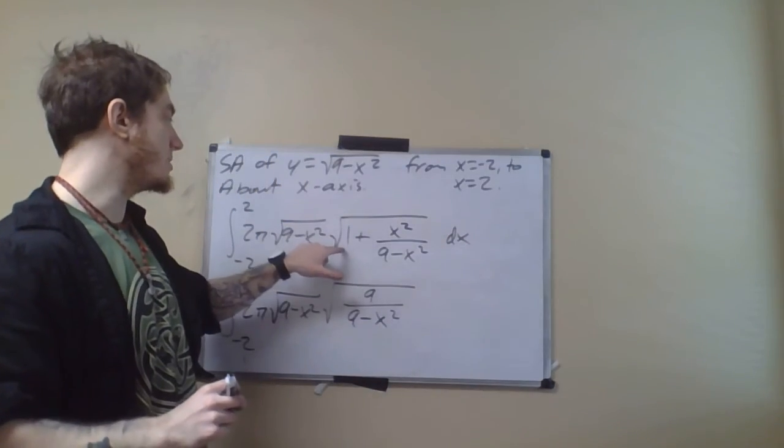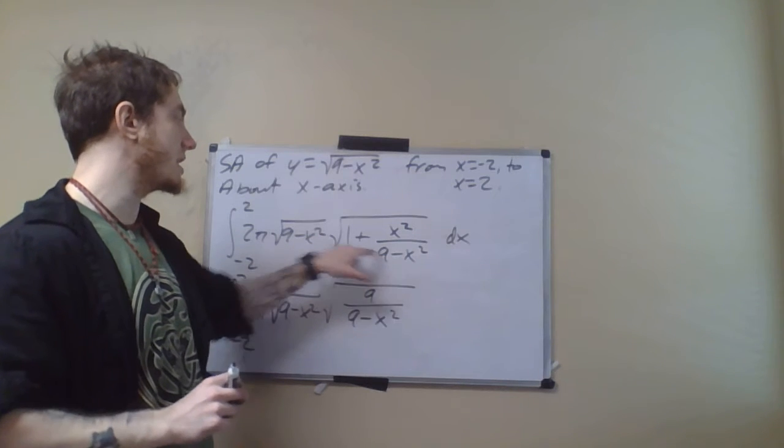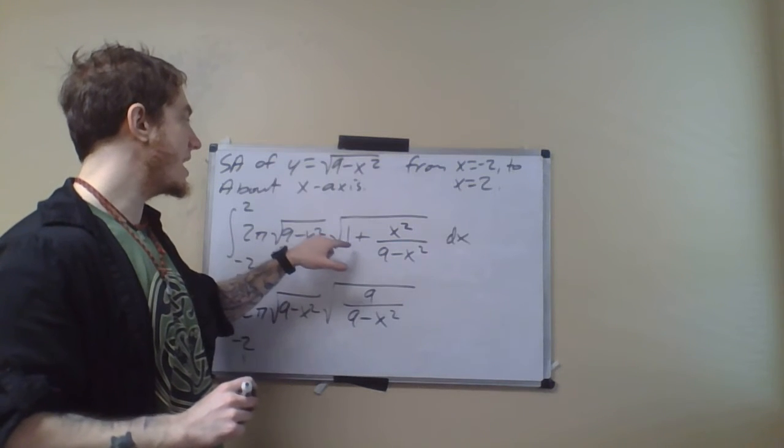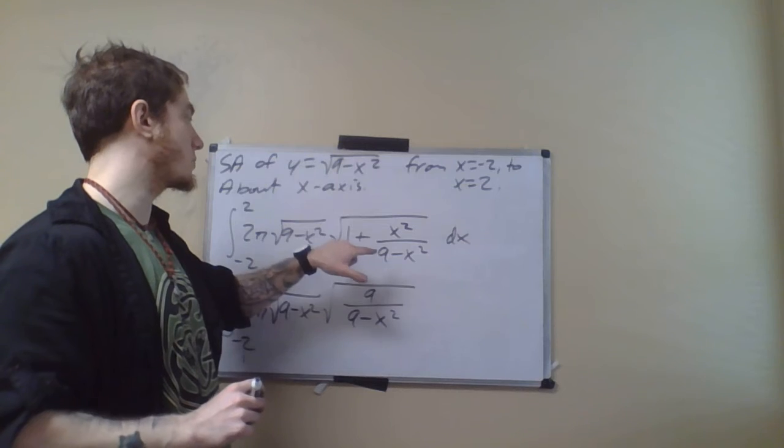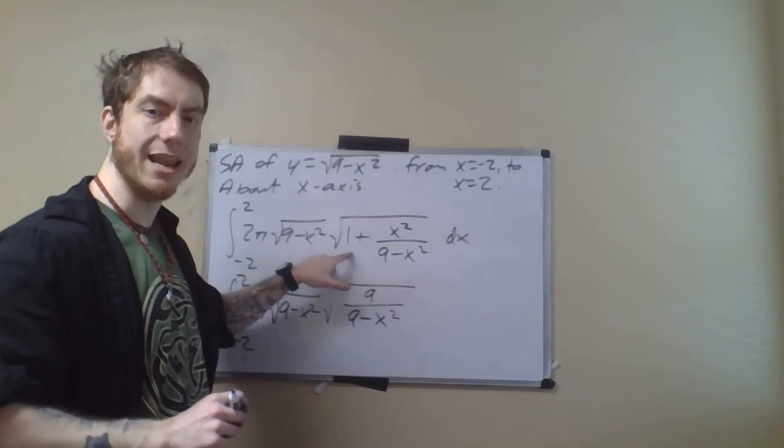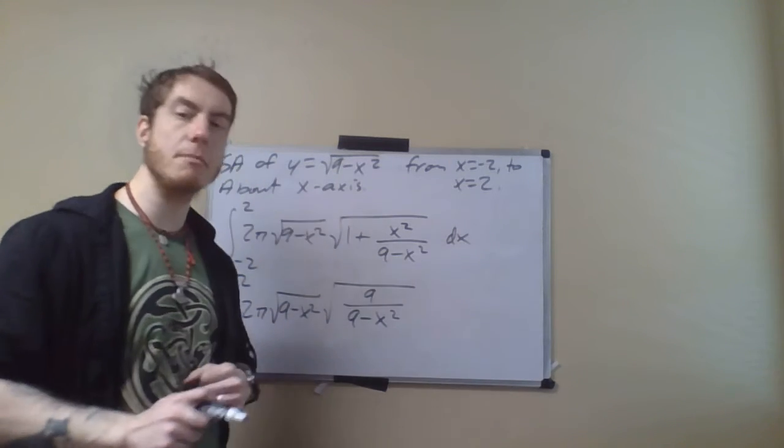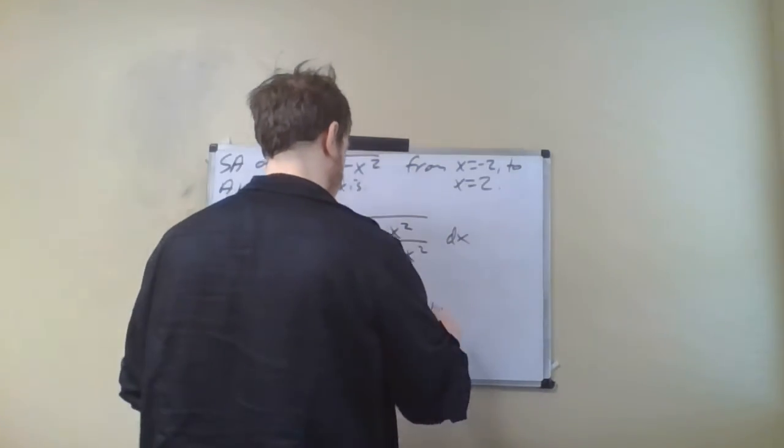Because what is this going to become? I multiply this by 9 minus x squared, and then the negative x squared and the positive x squared cancel and just leave me with a 9. And now I have a common denominator, so this is what I have.